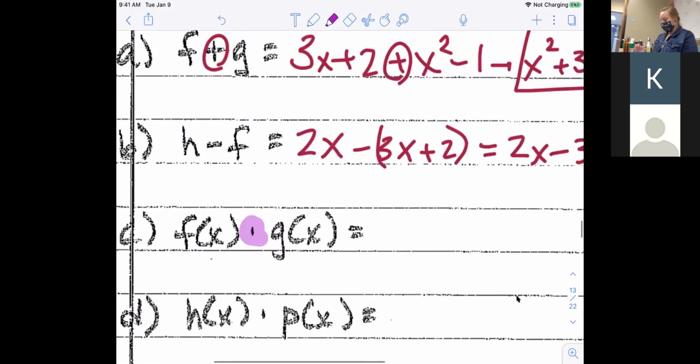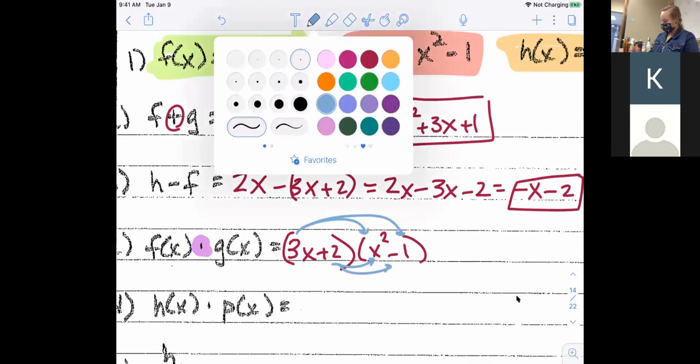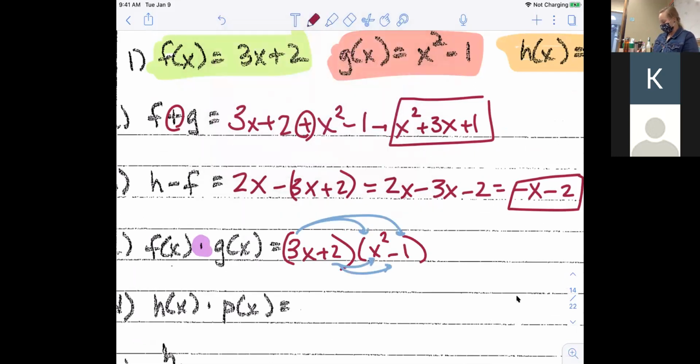So if I have a multiplication sign, I'm going to multiply f times g, so 3x plus 2 times x squared minus 1. Don't forget to put parentheses around these so you can FOIL this. Multiply, multiply, multiply, multiply. 3x squared minus 3x.